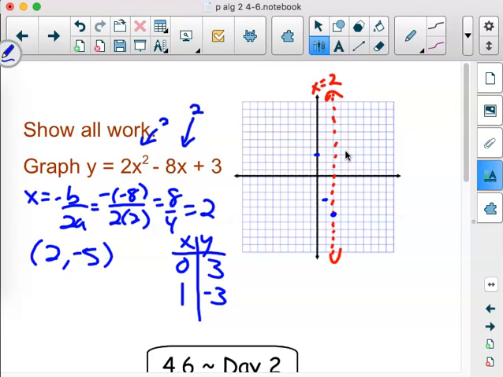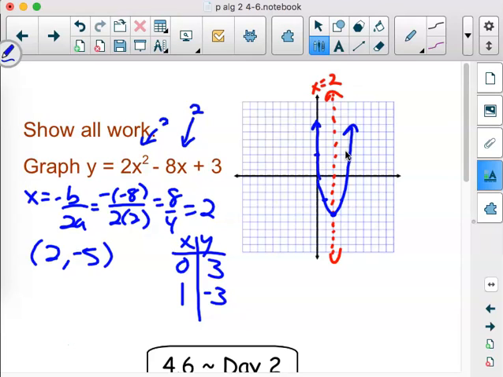But we also have an axis of symmetry. So we can go equal but opposite on the other side and draw ourselves a really nice parabola. So tomorrow, the next part of our objective is to take a standard form quadratic and put it into vertex form.